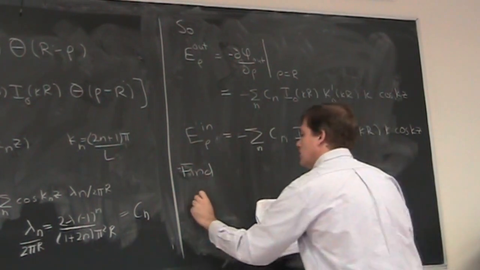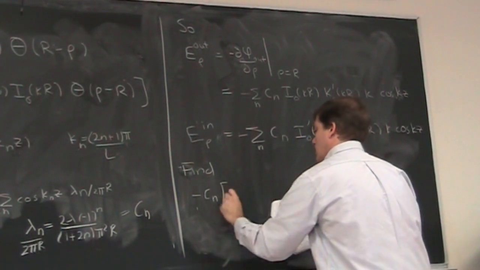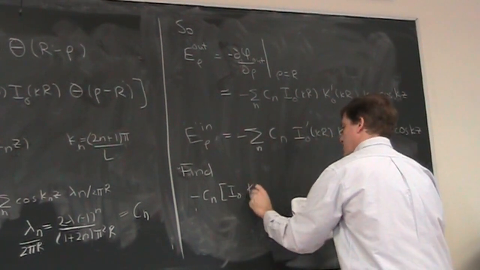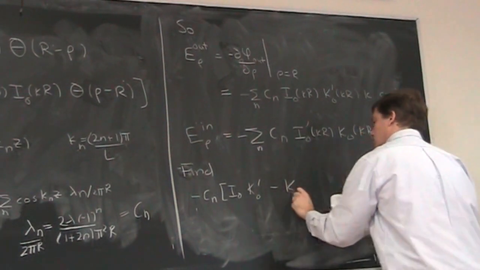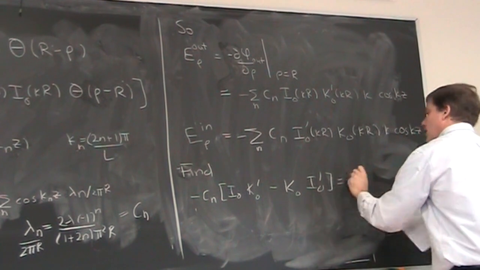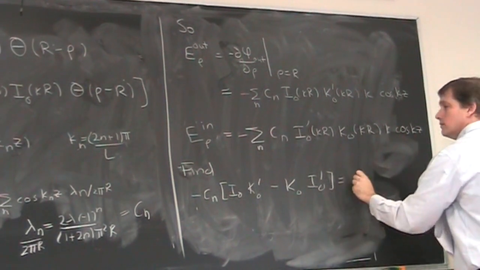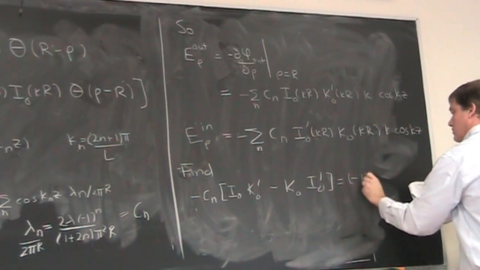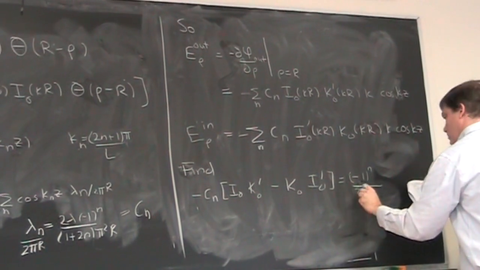So you find here minus Cn I0 K0 prime minus K0 I0 prime, okay? And this is equal to the Cn, which is equal to this minus n, 2n.